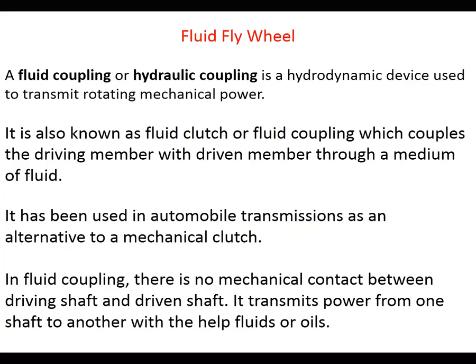These kinds of clutches are constructed using fluid as a medium, whereas mechanical components are used to operate the other clutches. But here the clutches are operated by using fluids. The fluid is either air or sometimes oil, right? The kind of oil is fluid oil. Using the fluid oil, the clutches operate here.